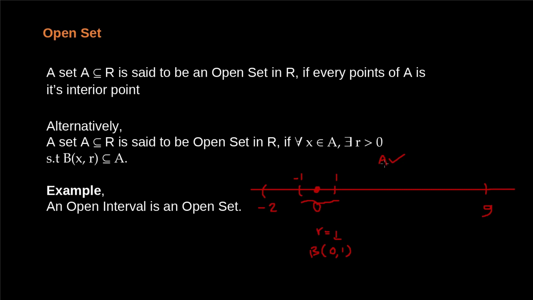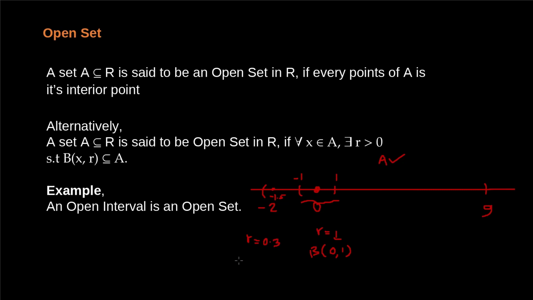Likewise, we can find that all the points inside this set are its interior points. So let's suppose another point which is very close to this boundary point, let's say -1.5, which is very close to this left endpoint. For this we can find a radius. Let's say we can choose a radius of length 0.3.